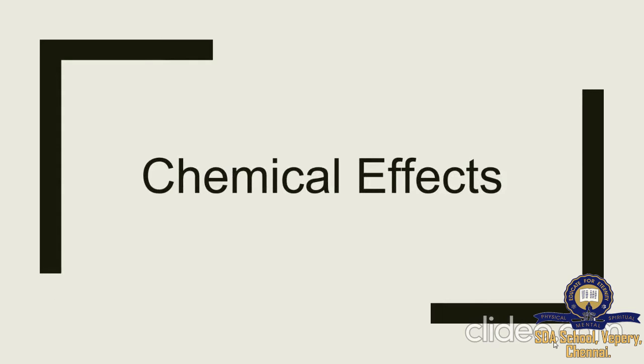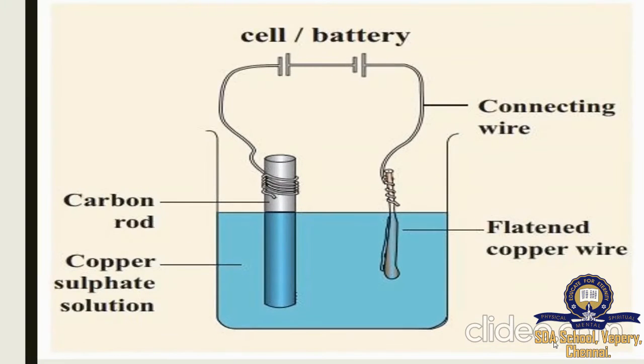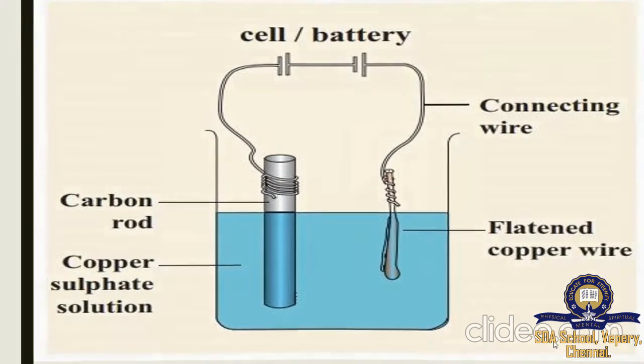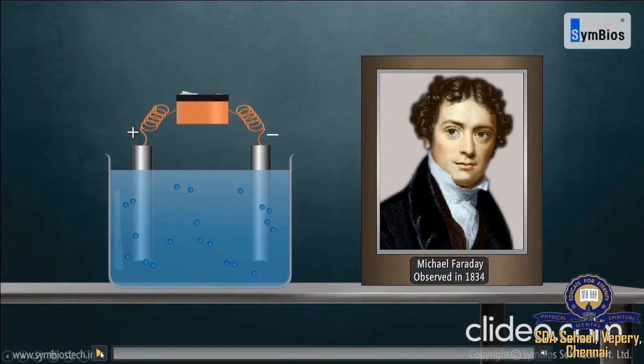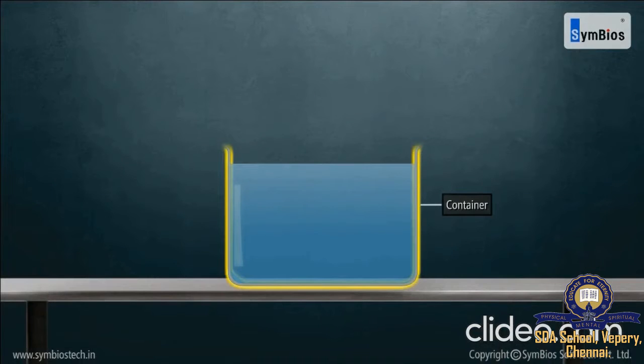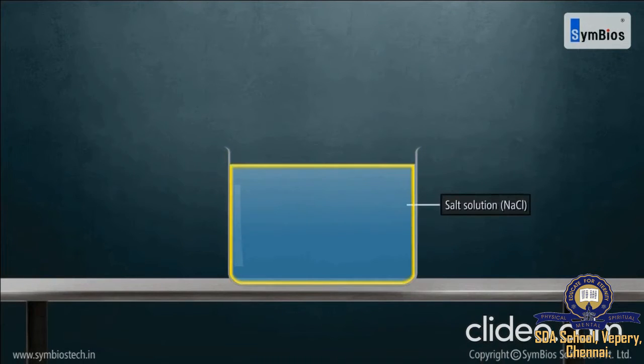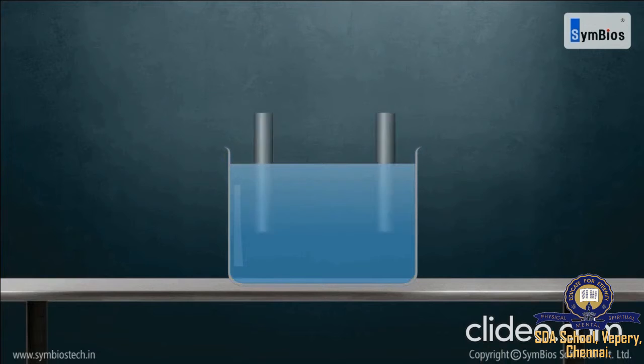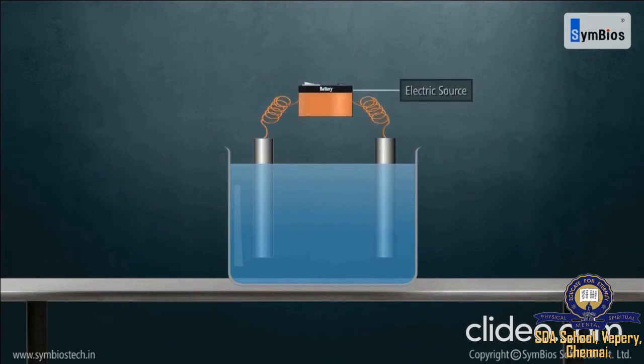For this effect, we will see a short video, a short activity. Listen carefully, children. Faraday made this observation. Take a big glass container and fill it with salt solution. Place 2 electrodes and connect it to the source of current.